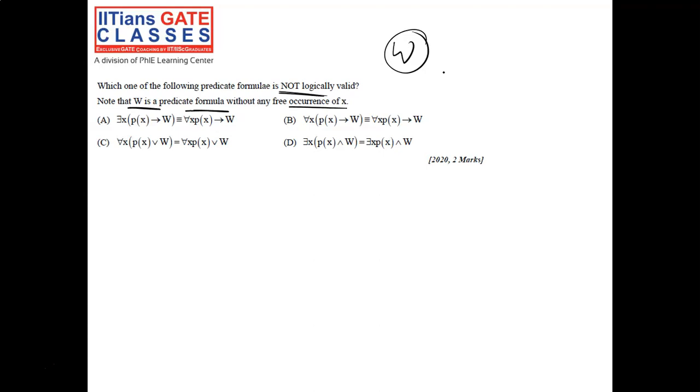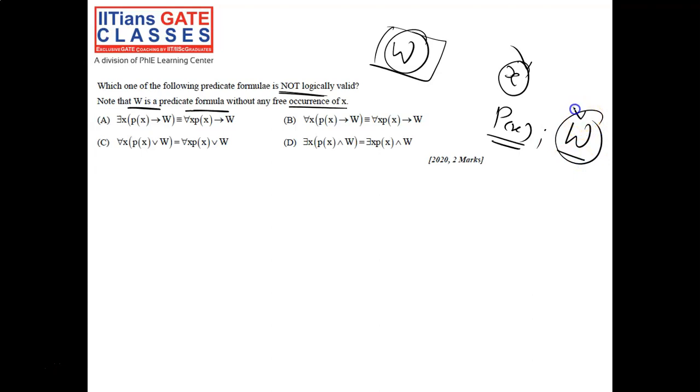What does it mean? It means that this w is free from the variable x. On w the x cannot put any effect, so w is free from x. For example, remember, P(x) is not free from x, but w is given to be free from x.